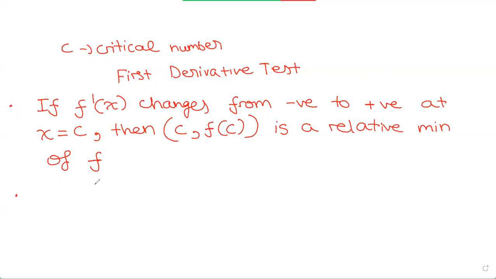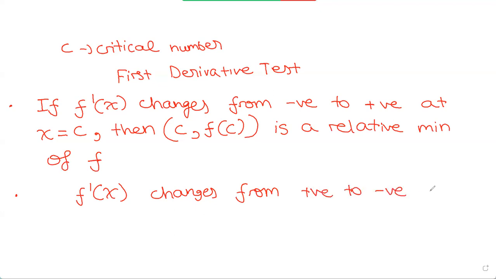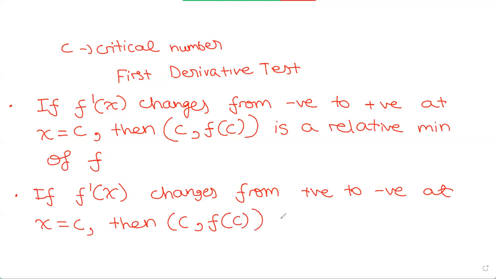The second part is the same thing, but instead of negative to positive, if f prime of x changes from positive to negative at x equals c, then (c, f of c) is a relative maximum of f.